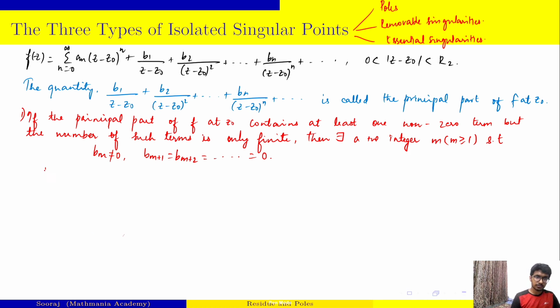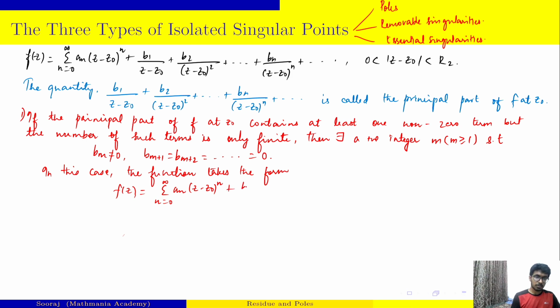So in this case the function takes the form f of z equals summation n runs from 0 to infinity a_n multiplied with (z minus z naught) to the power n, plus b1 upon z minus z naught, plus b2 upon (z minus z naught) squared, till b_m upon (z minus z naught) to the power m, with validity in this domain.